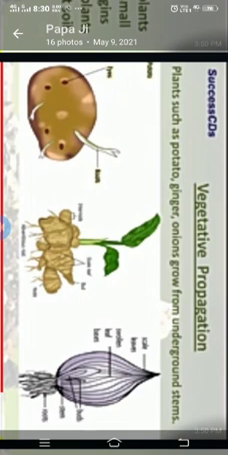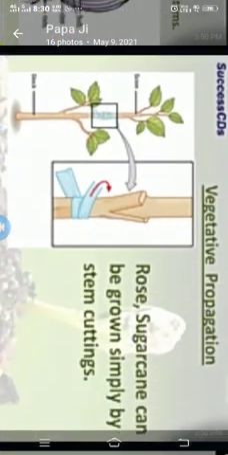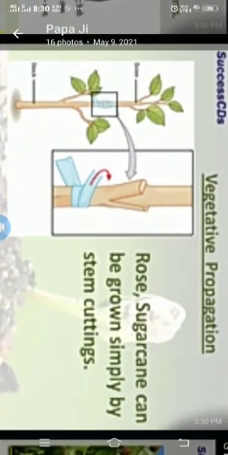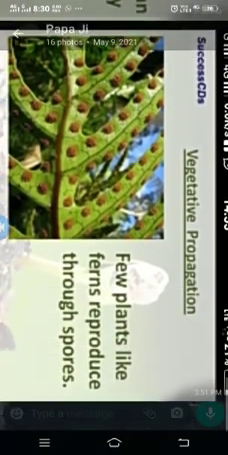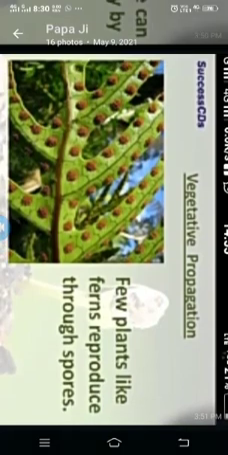Vegetative propagation by stem: plants such as potato, ginger, onion grow from underground stems. Propagation by stem: rose, sugarcane can be grown simply by stem cutting. But lastly, few plants like ferns reproduce through spores.